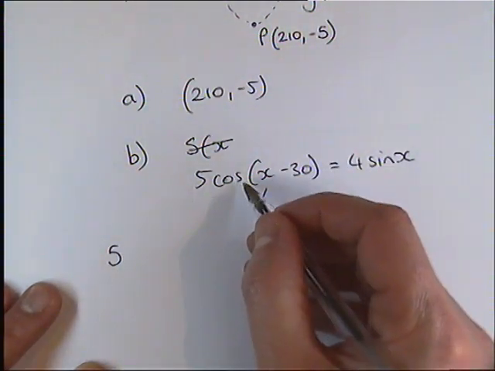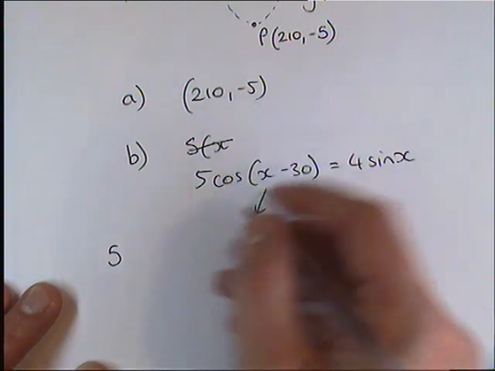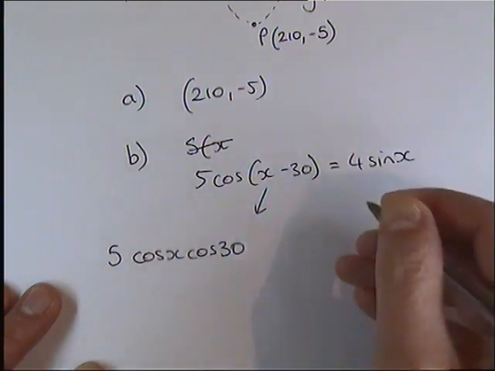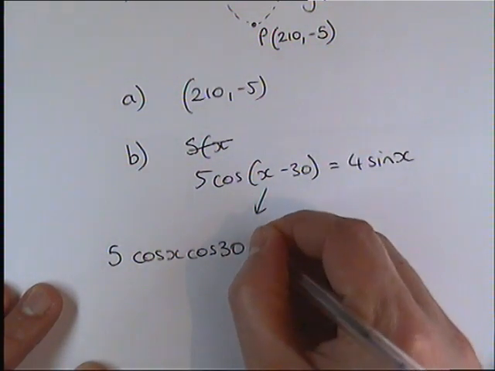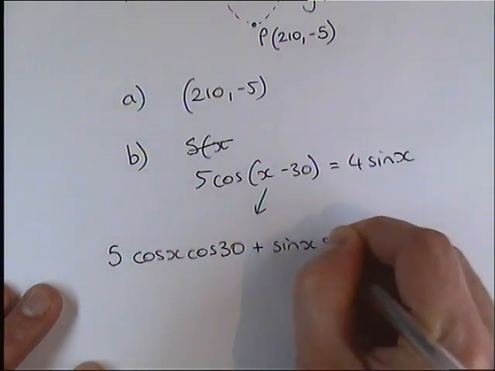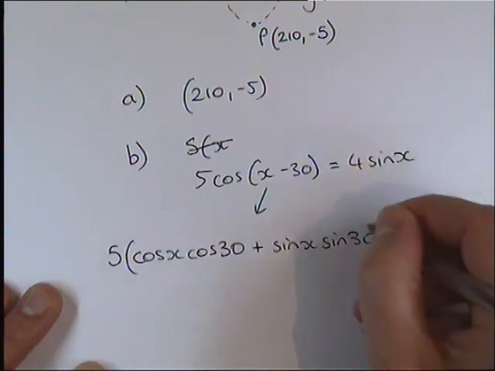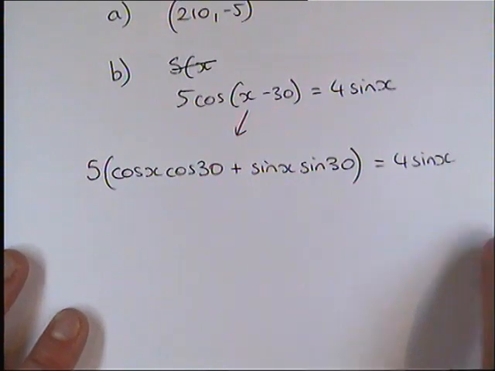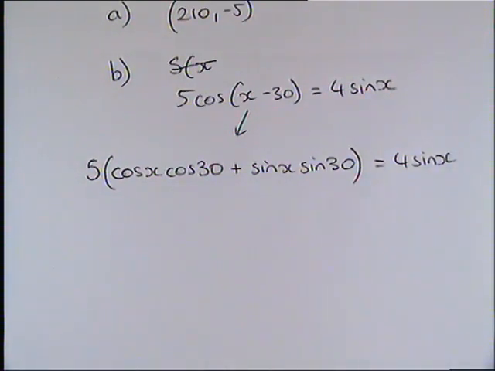The formula for cosine is cos A cos B, and this is really the subtraction formula, plus sin A sin B. So you can see here how I have expanded that bracket, cos(x − 30), using the subtraction formula for cosine, and you get cos A cos B plus sin A sin B.